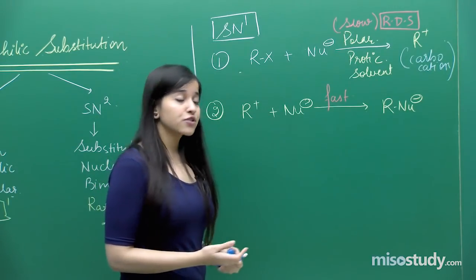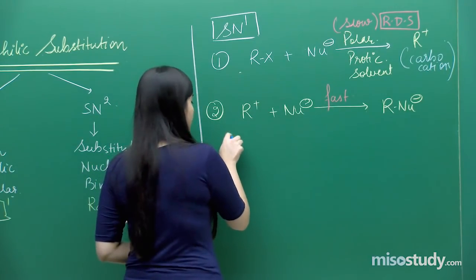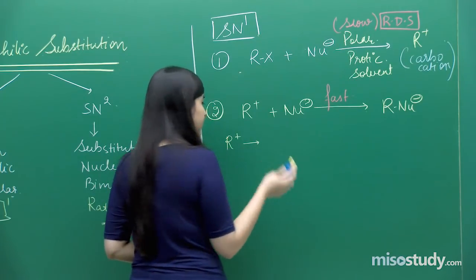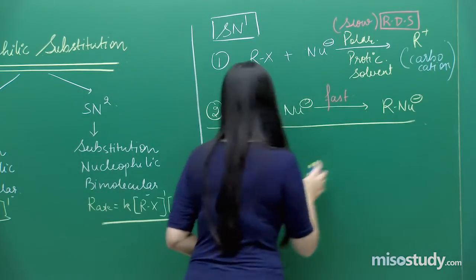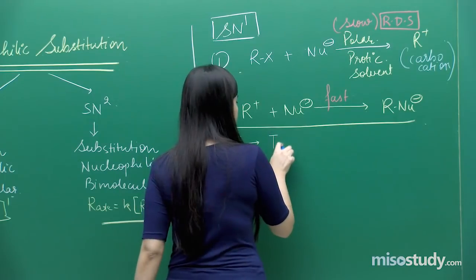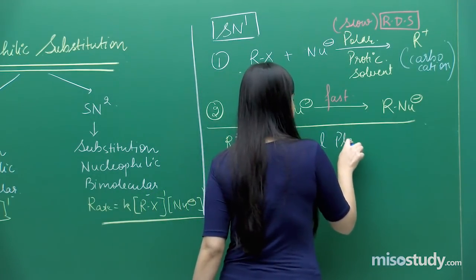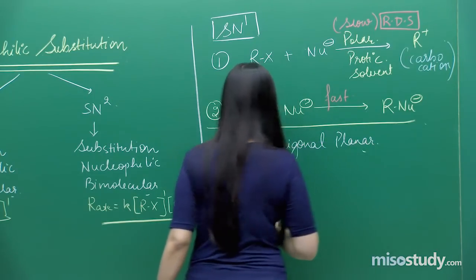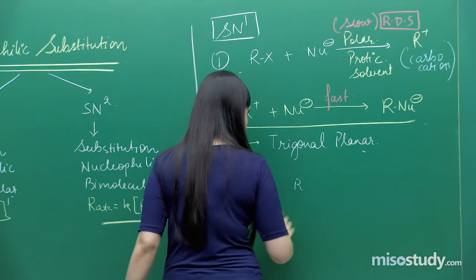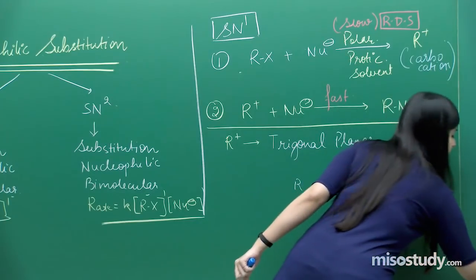What are the specifications for Sn1 now? R positive, the carbocation, right? The geometry, trigonal planar. Fine. So it is somewhat like this. Let me just make that again.